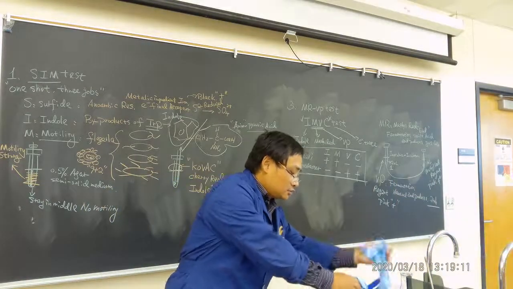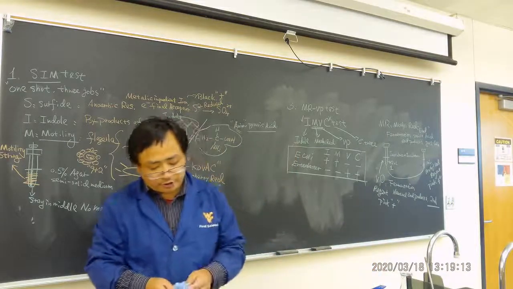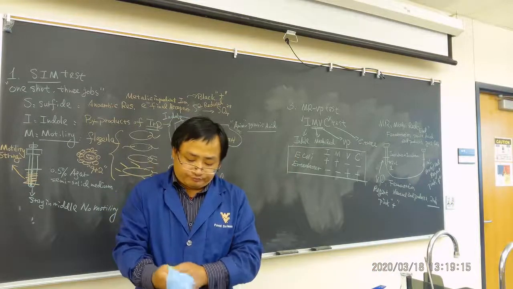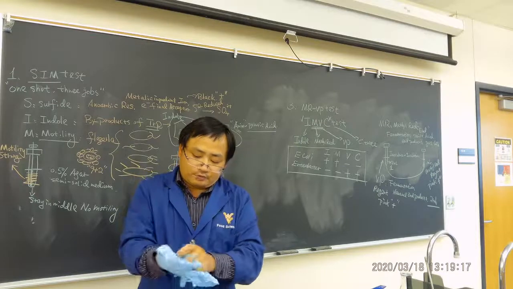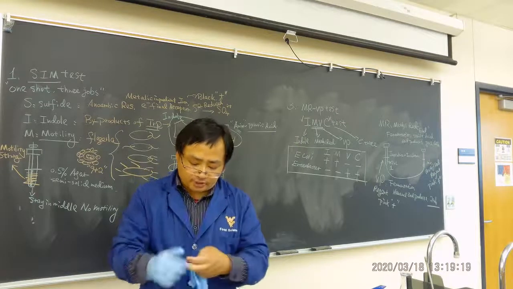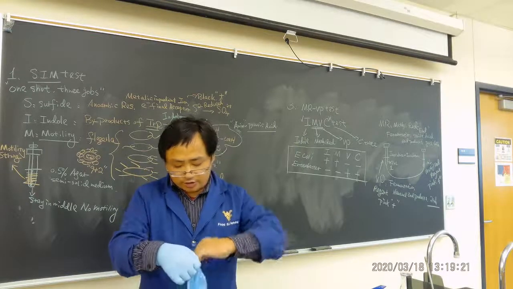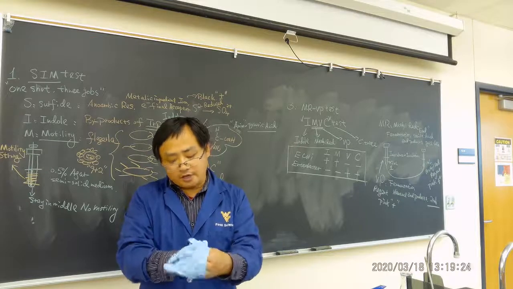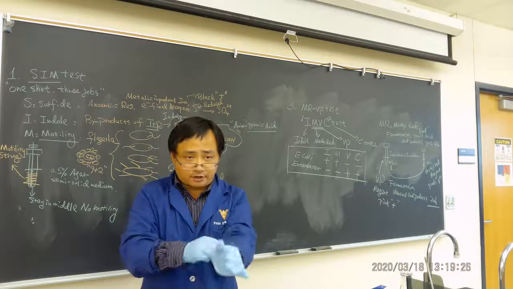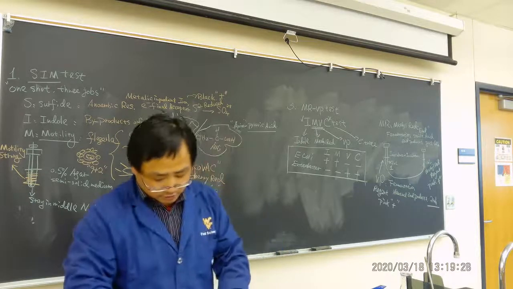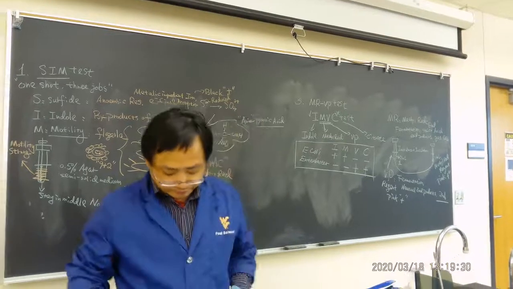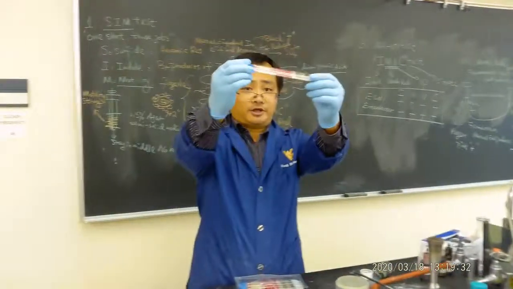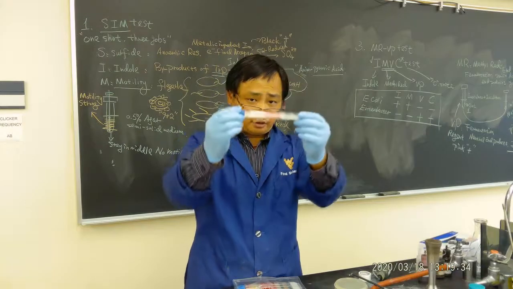So we do these multiple channel tests, because on these multiple channel tests, we include about 10 to 12 biochemistry reactions on one channel. So this is what it looks like. This is called a multiple channel tube, Enterotube.